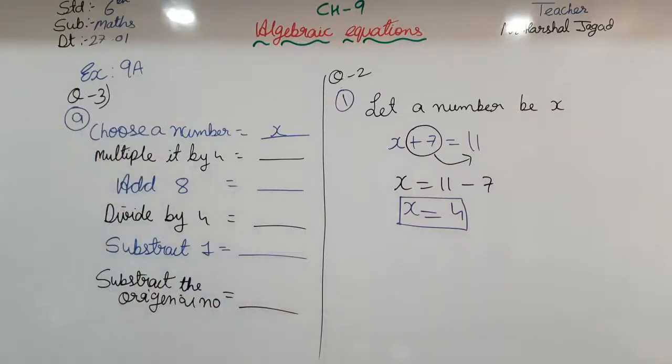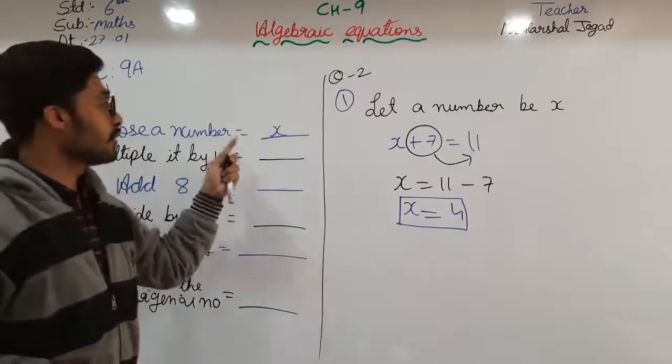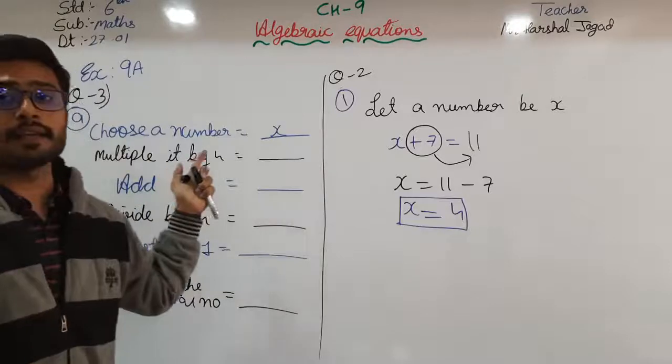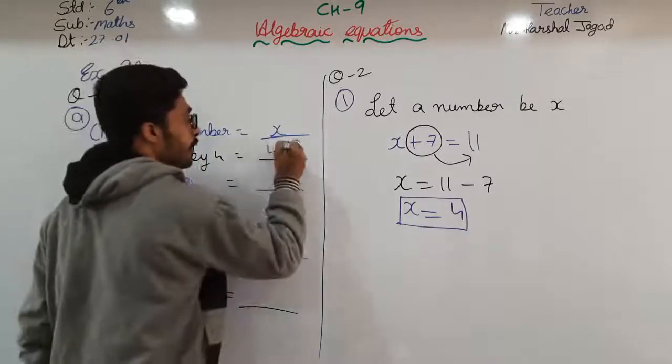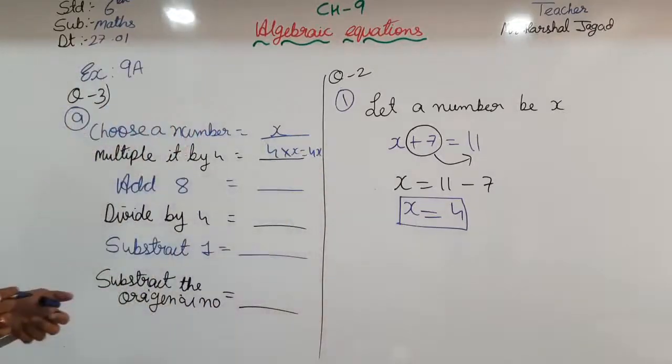Okay, so here choose a number, means they have told us to choose a number x, and then multiply it by 4. So 4 into x, that is 4x, that we have multiplied.